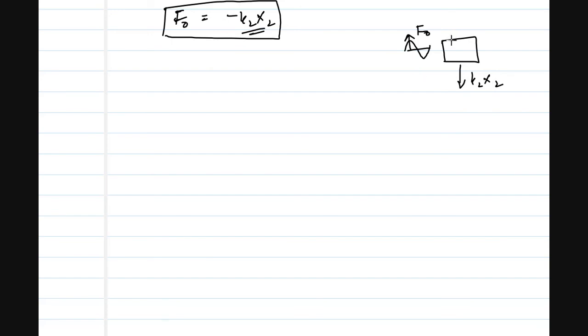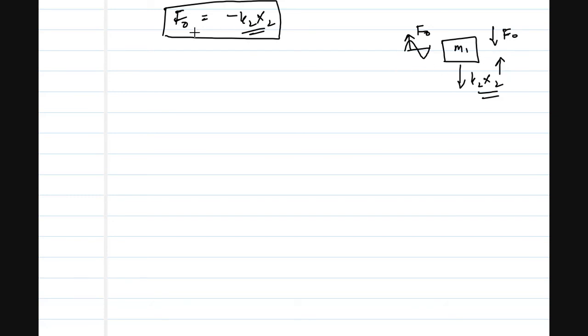So whenever f naught tries to push the mass upward, the spring force k2 x2 tries to push the mass downward. And when f naught tries to push the mass downward, because it's a sinusoidal force, at the same time k2 x2 reverses its direction and tries to push the mass upward.